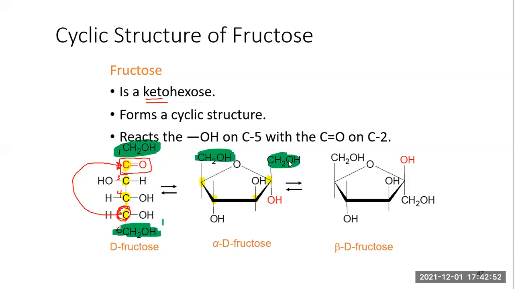So if we were counting the carbons over here, this would be carbon 6, this would be 5, this would be 4, this would be 3, this would be 2, and now carbon 1 is actually here. We could have our alpha, which would put carbon 1 upwards, and we could have our beta, which would put our carbon number 1 down.